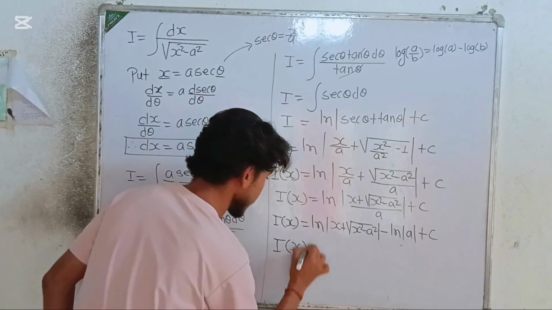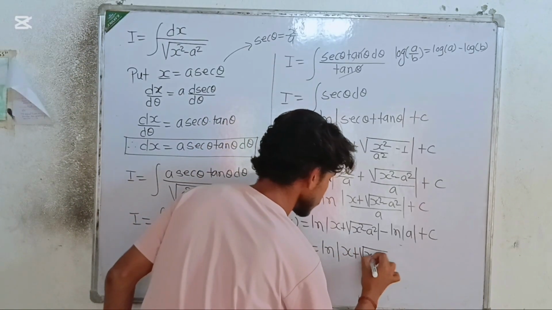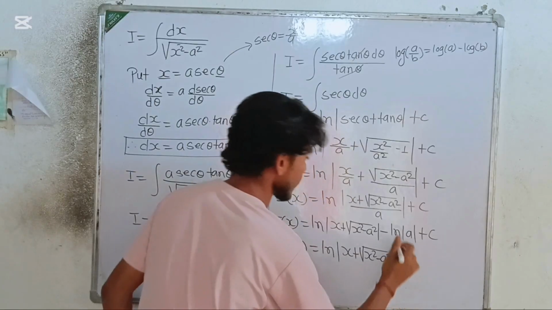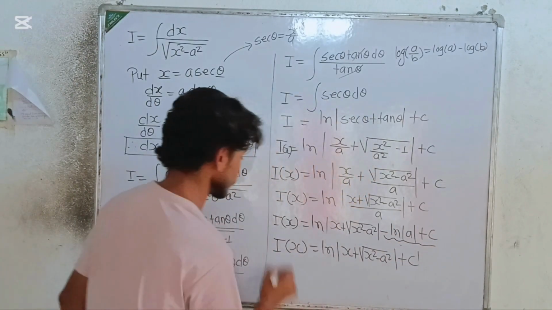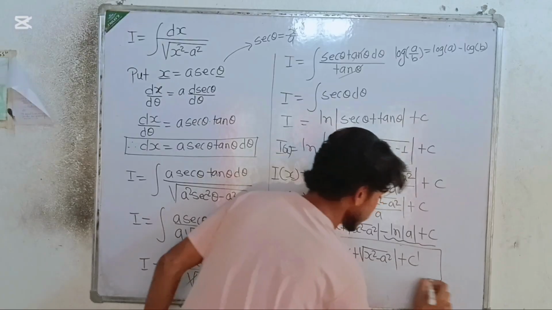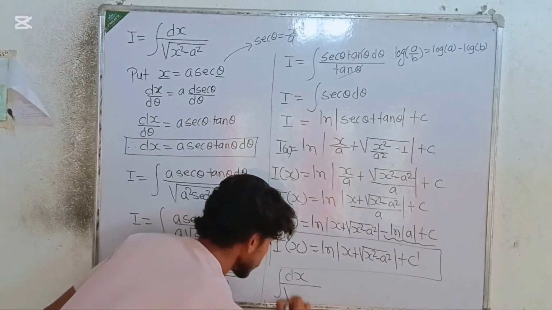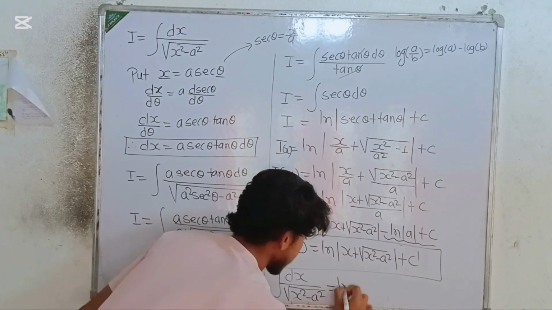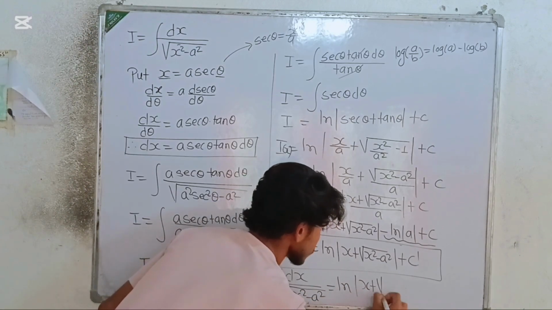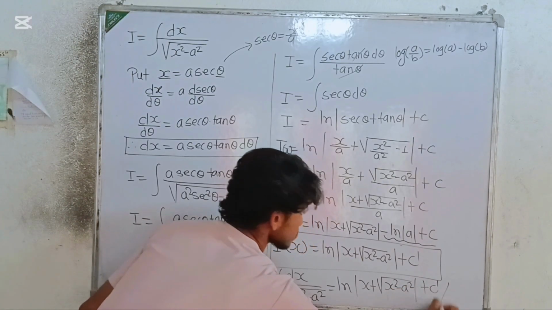So I as a function of x is ln of x plus the square root of x squared minus a squared, and let's assume this is our new constant, c dash. So this would be our final result: the integral of dx over the square root of x squared minus a squared is ln of x plus the square root of x squared minus a squared, plus some constant c.